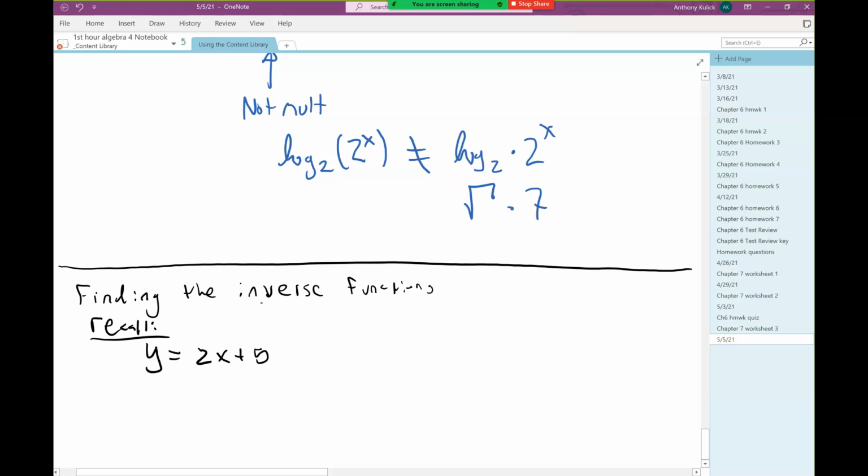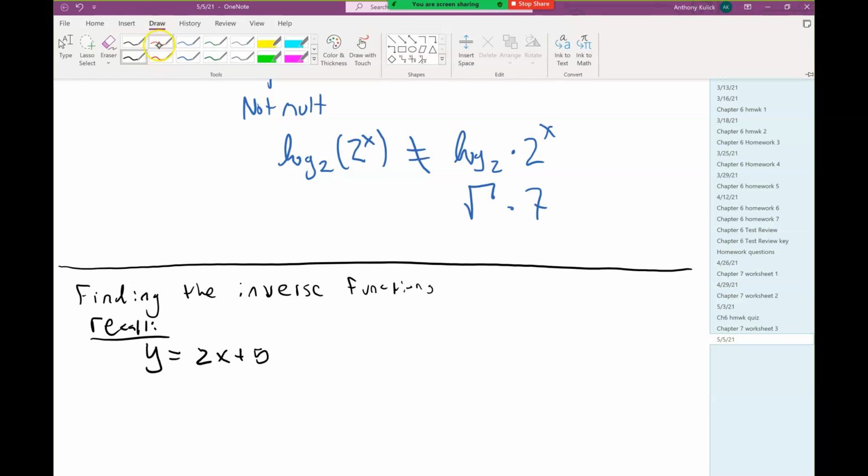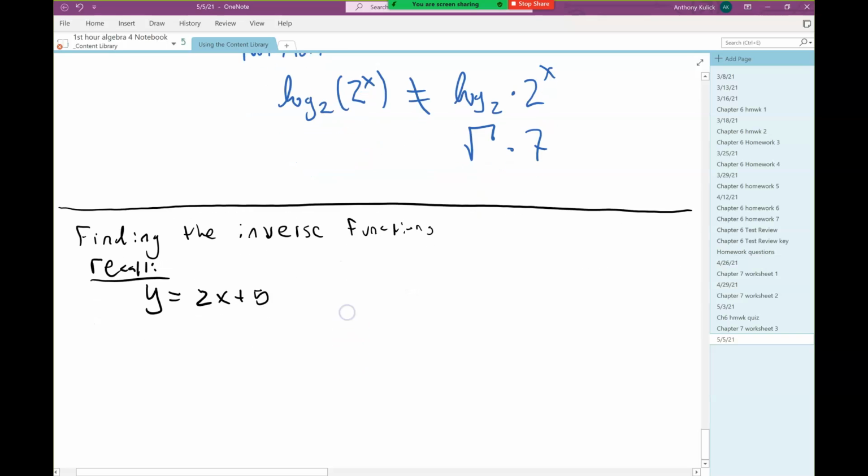The idea here is to get the x by itself and then to swap the x and y variables. So what would we want to do first to get that x by itself?